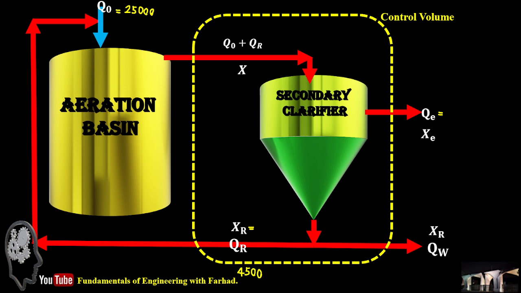We call the concentration of biomass coming in X, in the inflow wastewater, XE the concentration of biomass in the treated one, and the concentration of biomass in the wasted is XW as well, because the concentration here is the same: part of it is wasted and part of it is recycled. So XR and XW are the same.